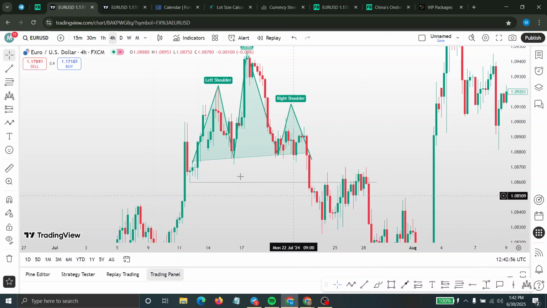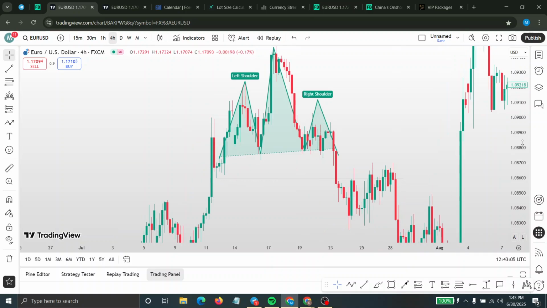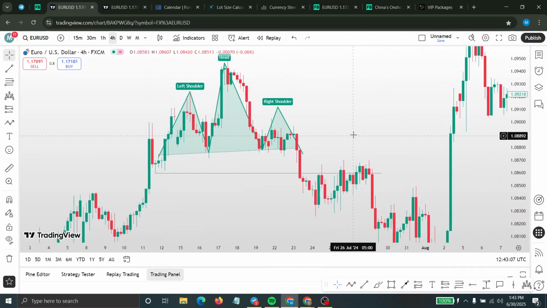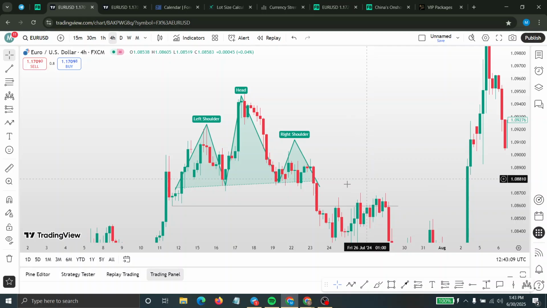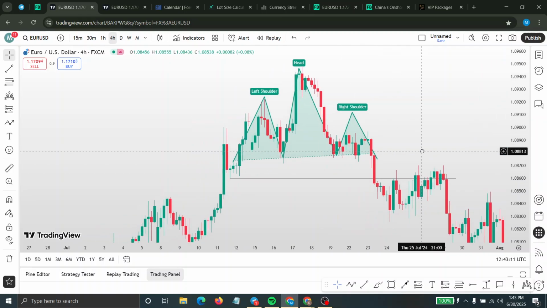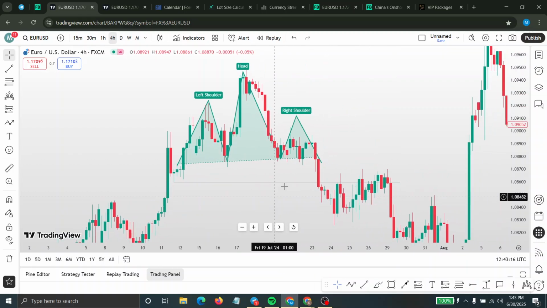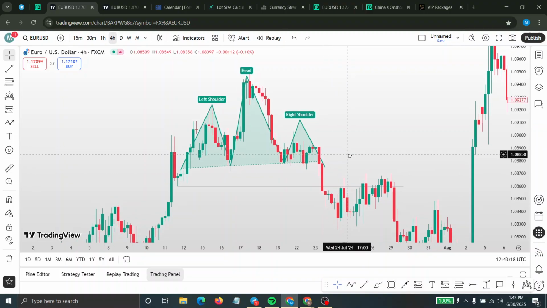If you look closely, this was the low that created this left shoulder's high. You could see. So sometimes the market might not give you that perfect picture you want to see on your chart, but like I always say, your intuition matters. Your psychological approach on how you intend to view the market matters.